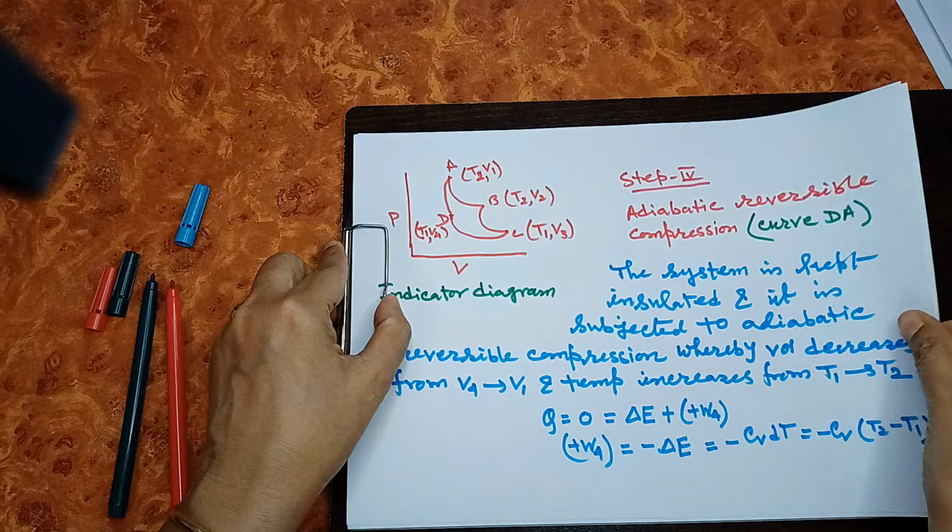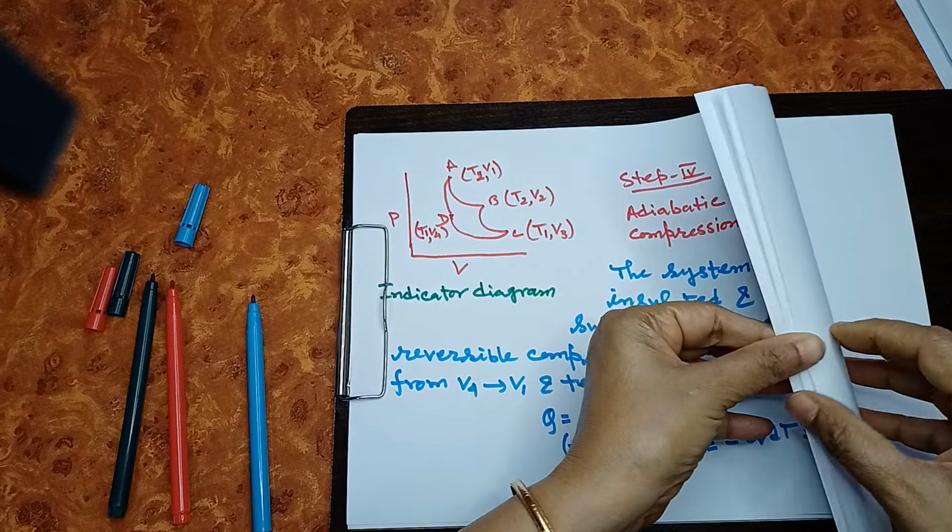So now what is the net work done by the heat engine? In 2 steps work is done by the system, in the other 2 steps work is done on the system.